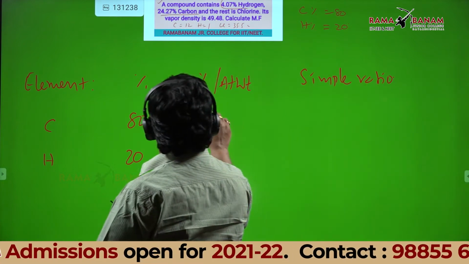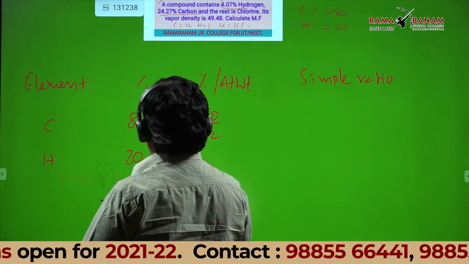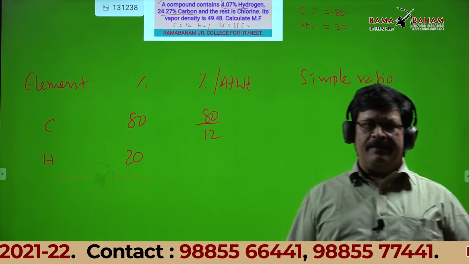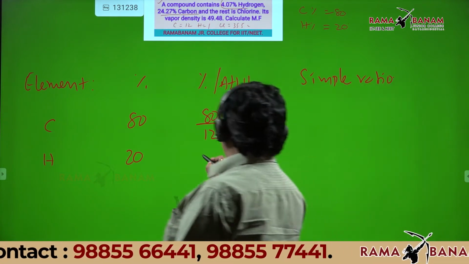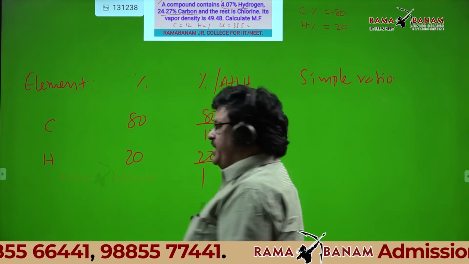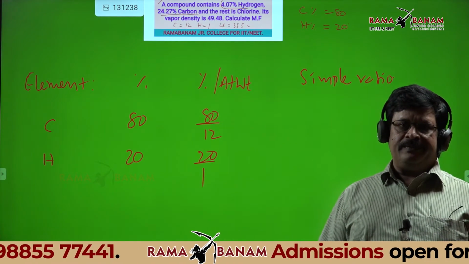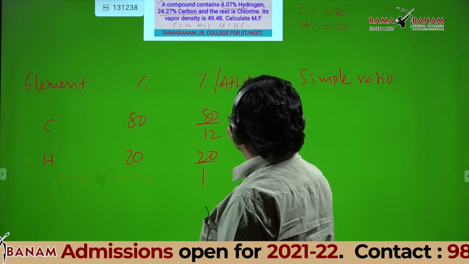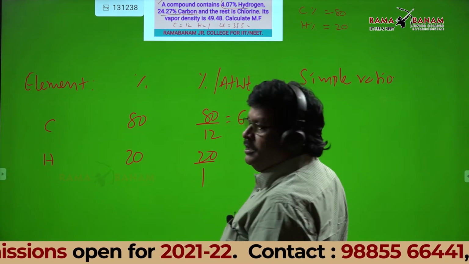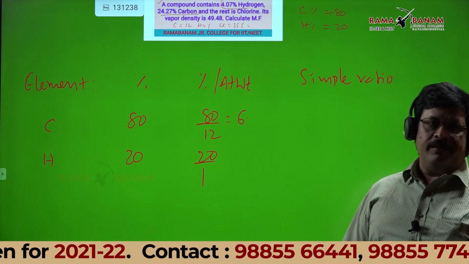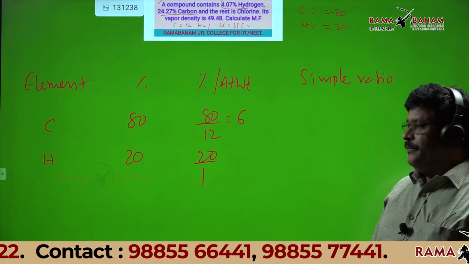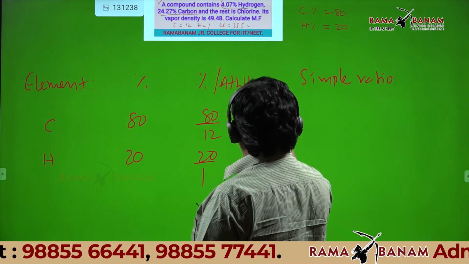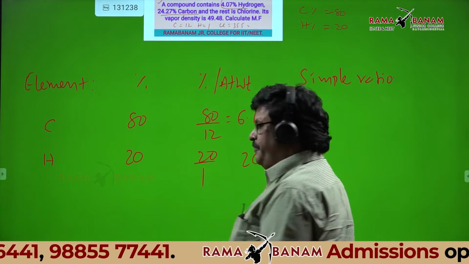So this is 80 by 12, because 12 is the atomic weight of carbon, and 20 by 1, because 1 is the atomic weight of hydrogen. 80 by 12 is 6.67, and this is 20.